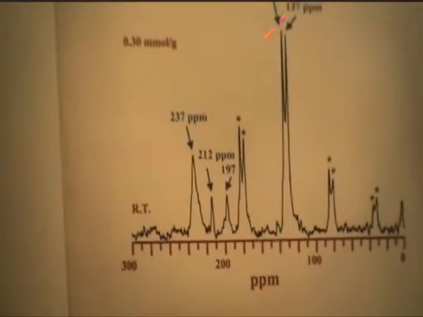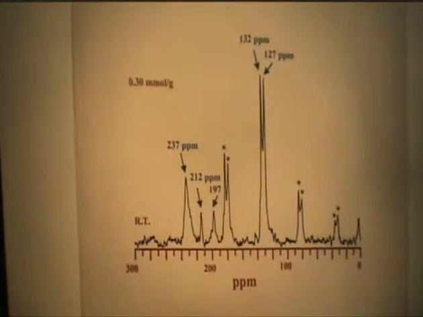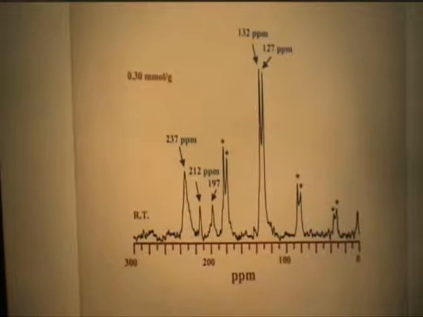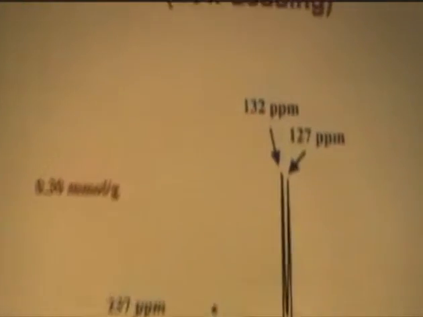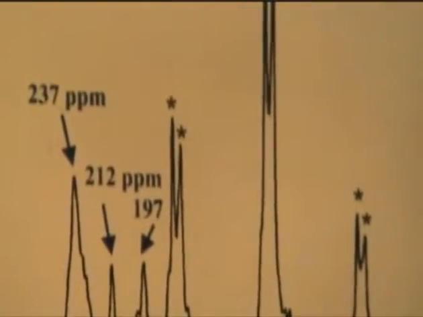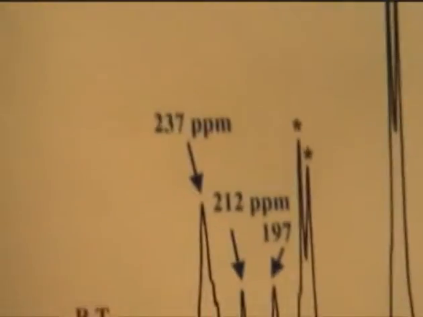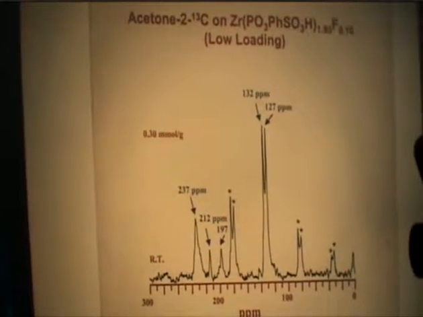I could give you a table, but I don't want to go into all of that. You can see that these are spinning side bands for these two peaks, but these are the polymerization products. And then if we warm it up, we can see cracking, we can see olefins forming, and so forth and so on, okay? So you have to take my word for it about all of this.